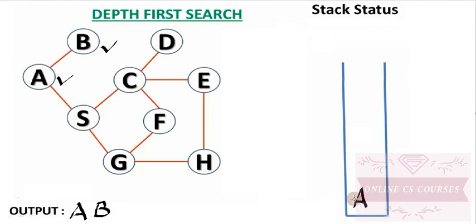Now we have A on the top of the stack. So we will check A and its adjacent unvisited vertex, which is S, because B is also adjacent, but it is a visited vertex. So the next one is S, which is an unvisited vertex.